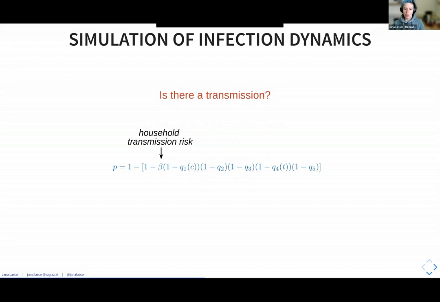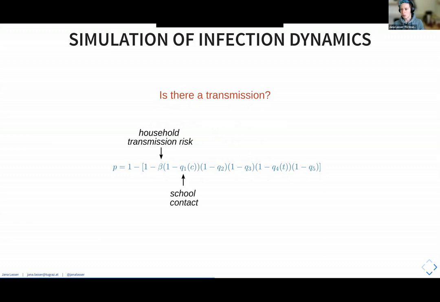So what you see here is the equation for the probability P of a transmission happening. We have so-called base transmission risk beta, which is equivalent to the household transmission risk between 2 adults, which is then modified by a number of other parameters, which are the Q's in this equation.